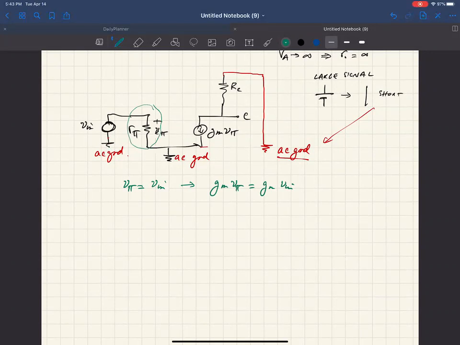That's also equal to, because we have the current going through here, g sub m V in is equal to minus V out over R sub C. So basically V out over V in is equal to minus g m R sub C. And this is the gain for the common emitter amplifier. So CE is the common emitter amp gain.